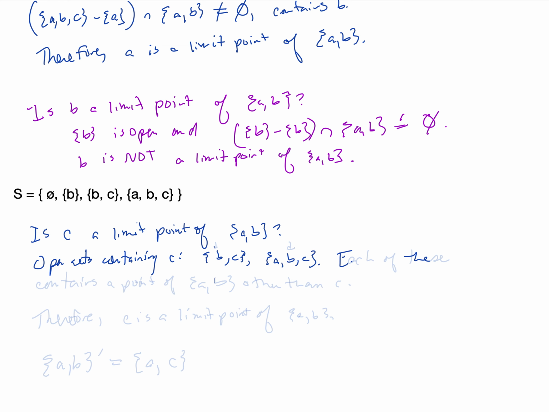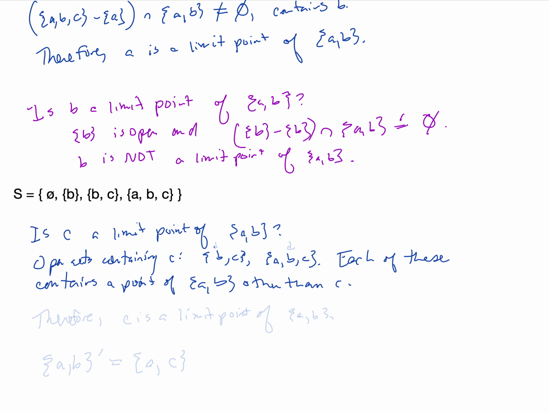So each of these contains a point of the set {A, B} other than C. And what is that point?